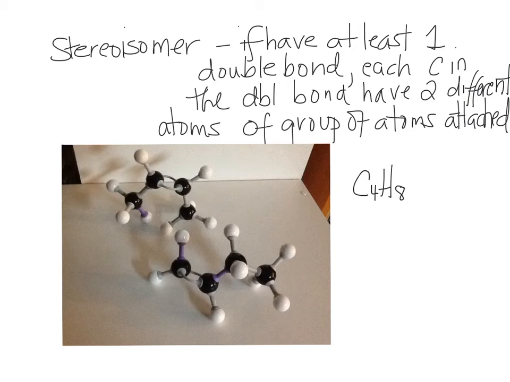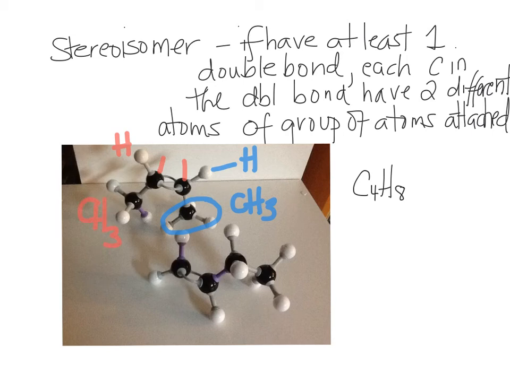Okay, here's a carbon and here's another carbon that are on either side of a double bond. And you can see, if you look at one of the carbons, it has a hydrogen attached to it and it has a group of atoms attached to it, a carbon with 3 H's. The other carbon in the double bond has an H and also a CH3 group.